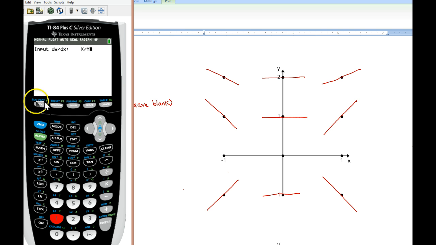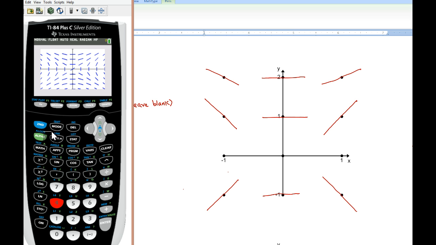You could just kind of watch. So to get to y, you just use alpha y. And then you can change the window if you want, or you could just go view slope field. It's a way to check your answer to see if you did the correct slope field, but it shows a lot more points.